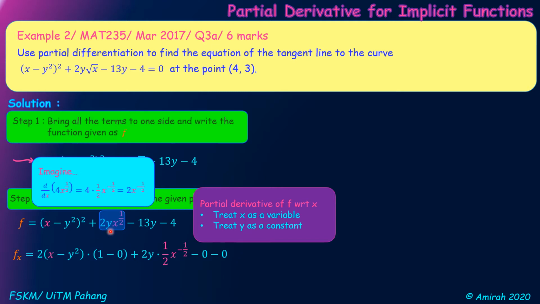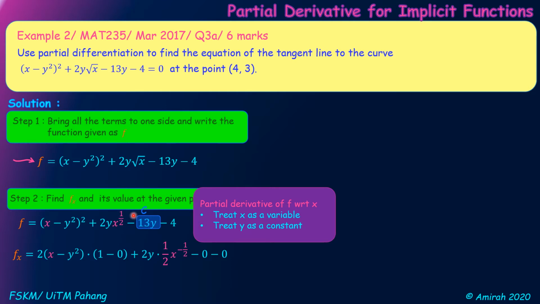So when we differentiate 2y, which is a constant, times x to the power of half, we just keep the constant 2y in front, and then times, we differentiate x to the power of half. So we get half x to the power of negative half. Alright?